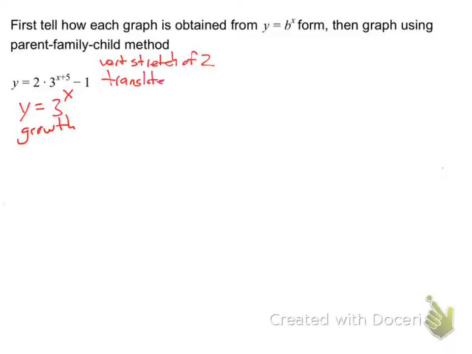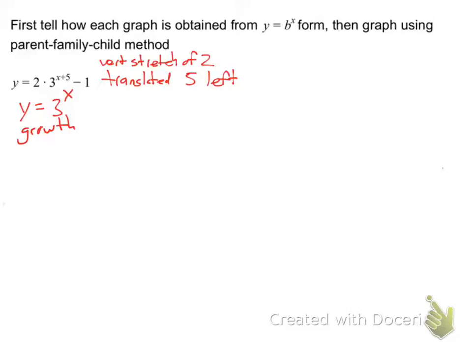Translated 5 to the left. Positive 5, it looks like, because it's x plus 5. You're thinking, oh, I'm going to go to the right because that's positive. Oh, wait, it's with the x's, it goes in the opposite direction. It goes to the left. Because remember, it is a negative 5. A negative 5 goes backwards.